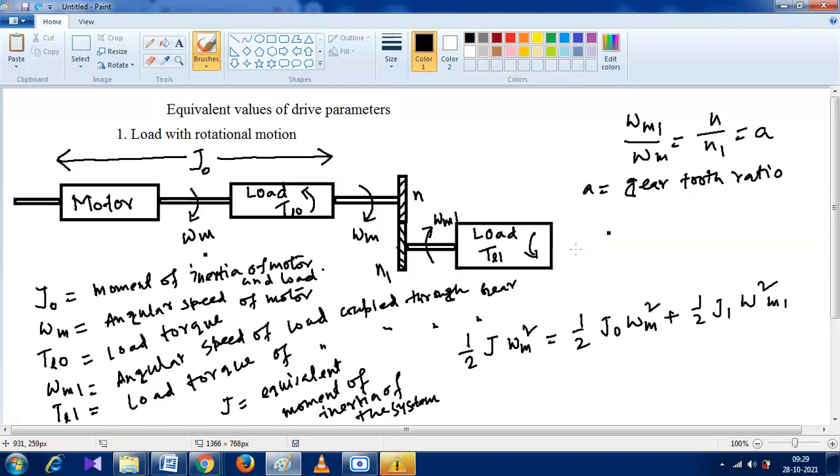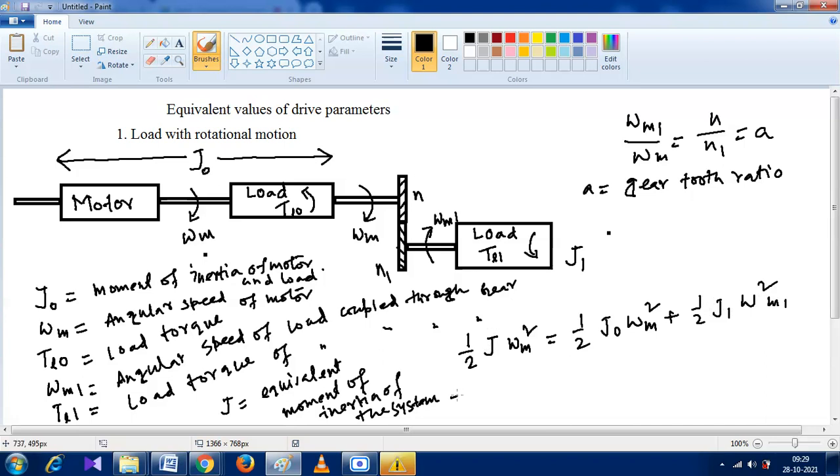If the moment of inertia of that system is J1, then what is the kinetic energy of that system? Half J1 omega m1 square.